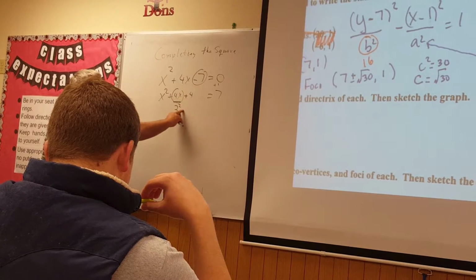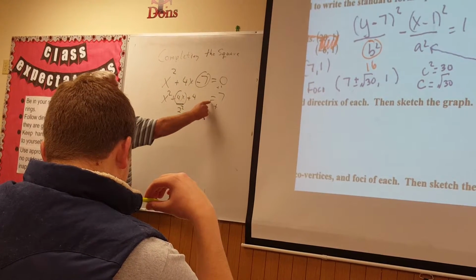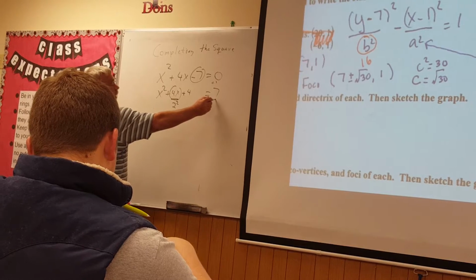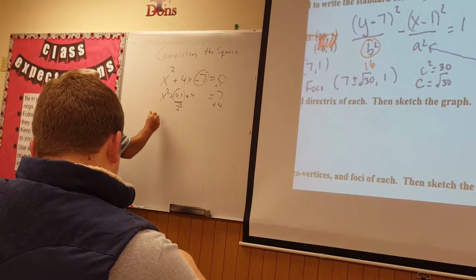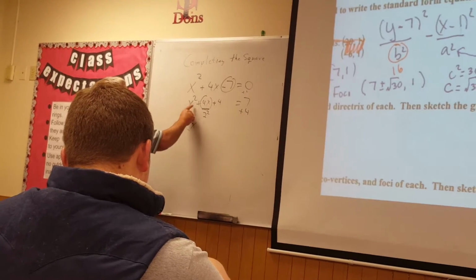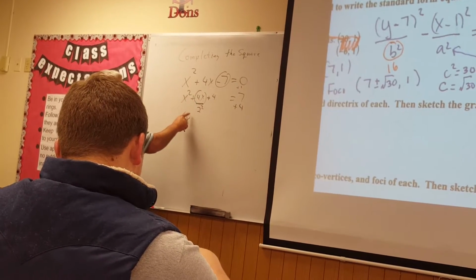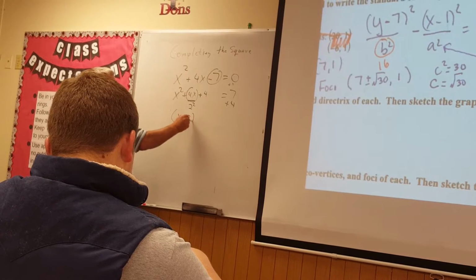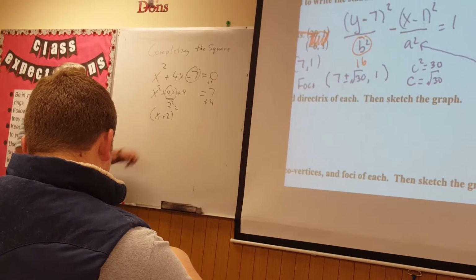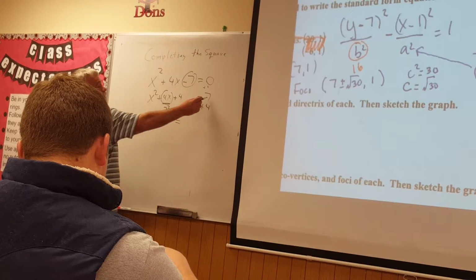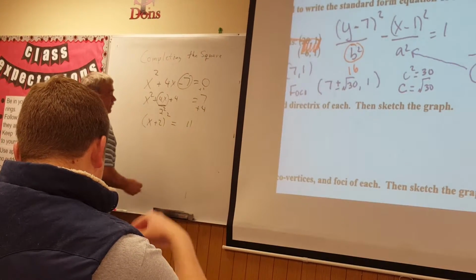So I add 4. And if I add 4 to one side of the equal sign, I have to add it to the other. So this is going to be x² plus 4x plus 4, which is (x + 2)². So I made it into a perfect square, and that would equal 7 plus 4, which is 11.